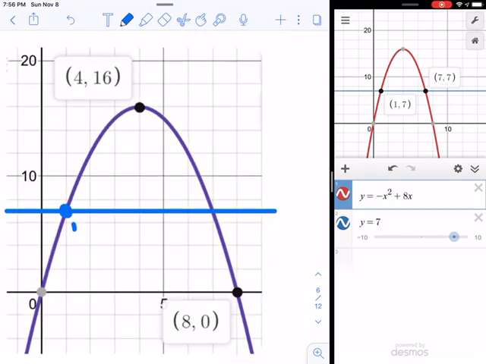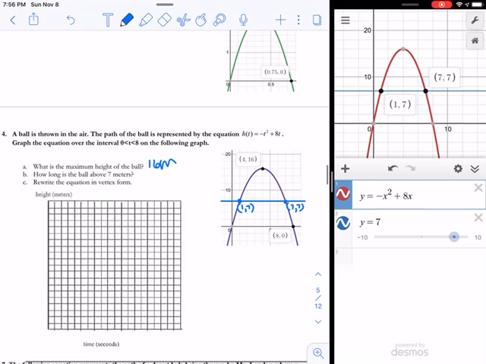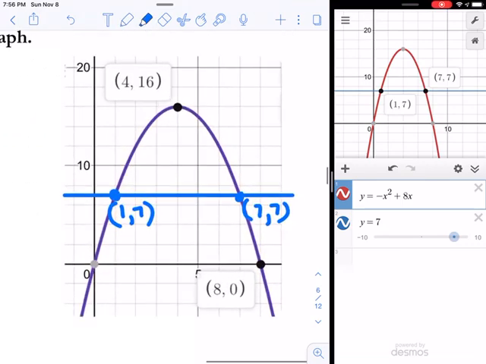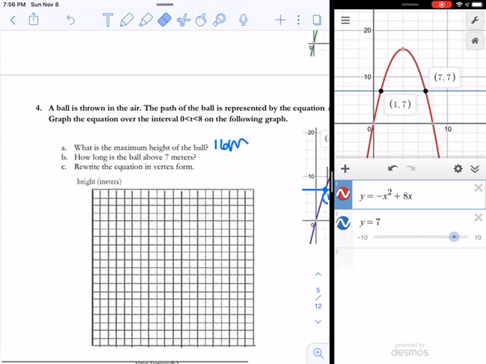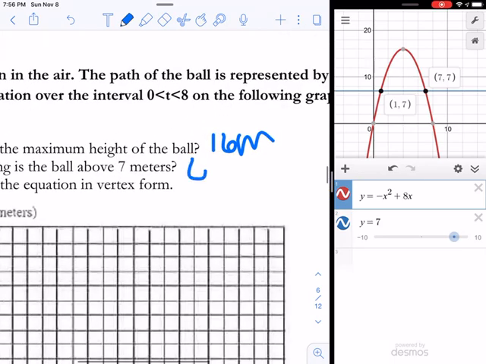So this is 1, 7 and this one is 7, 7. So the question again asked us, how long is the ball above 7 meters? So from this point to this point, how much time passes? From 1 until 7 seconds, that would be 6 seconds passing.